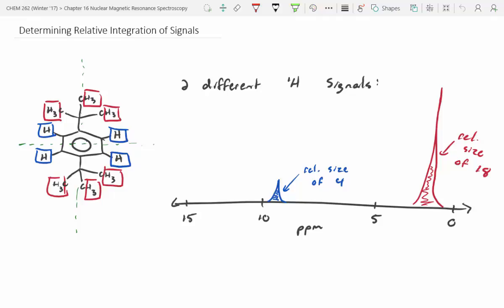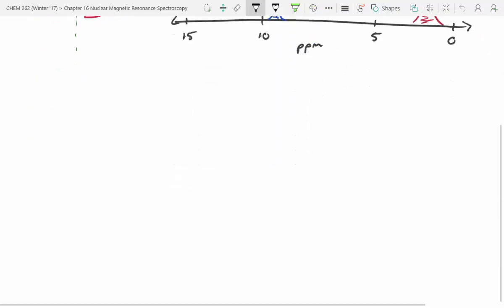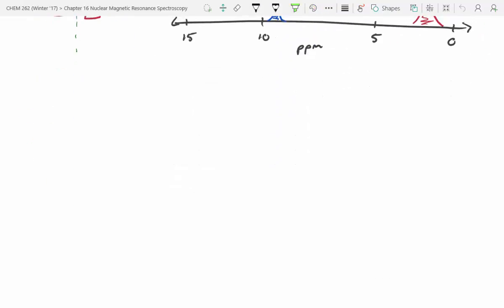So what I want you guys to do is to help me with a different example. And I want you to determine the number of unique protons and the relative integration for the set.